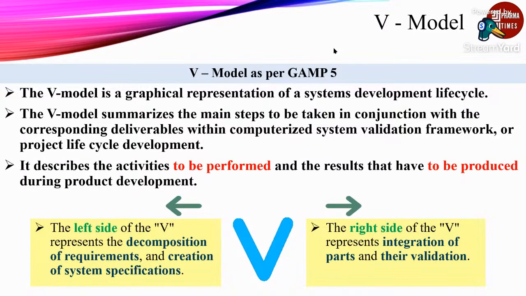So the V model has a left side and a right side. The left side represents the design phase, meaning the product development phase. It is the requirement or creation of the system or product, and the right side represents the integration and validation part.